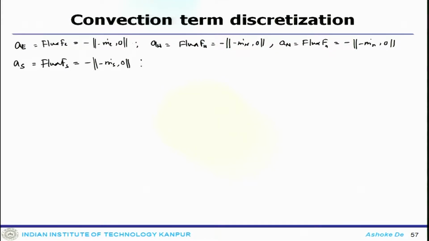And finally you get AC, which is the summation over all the faces of the flux Cf.